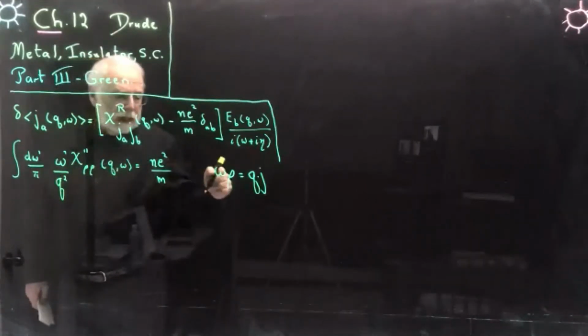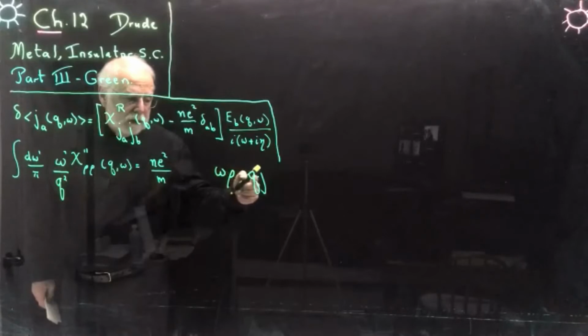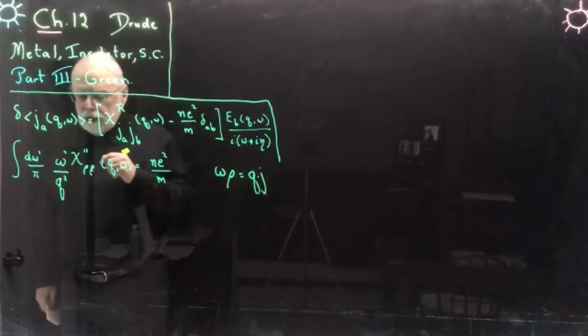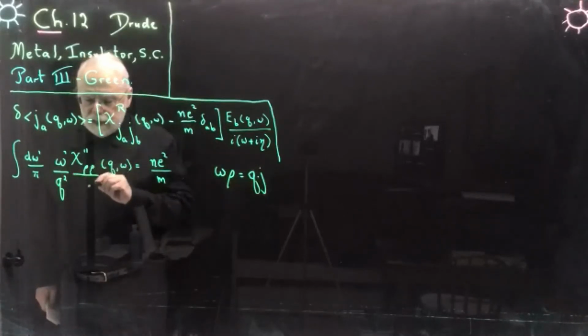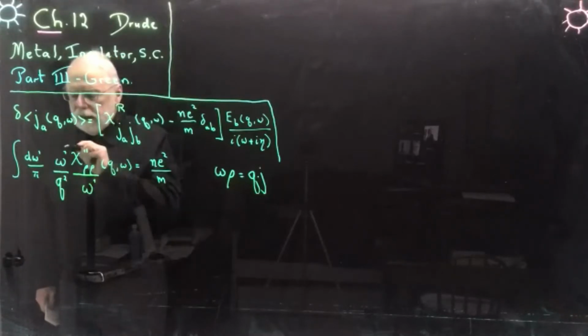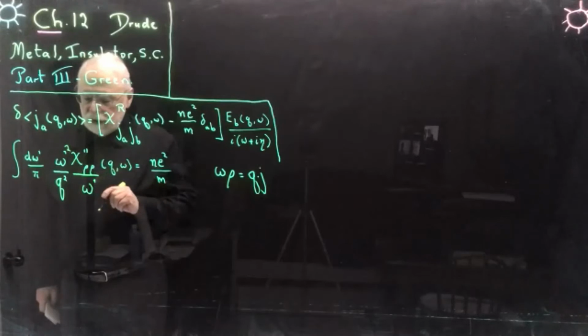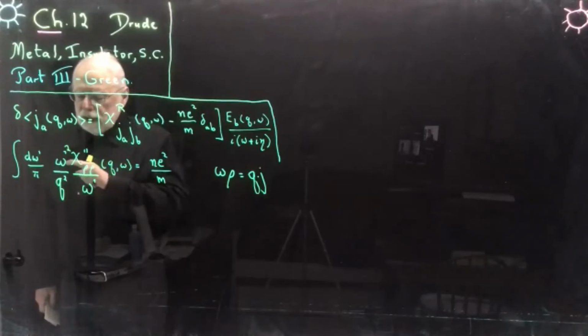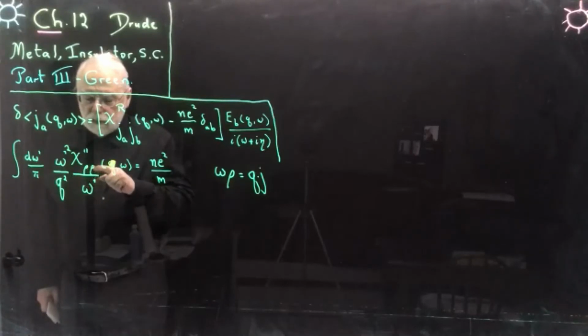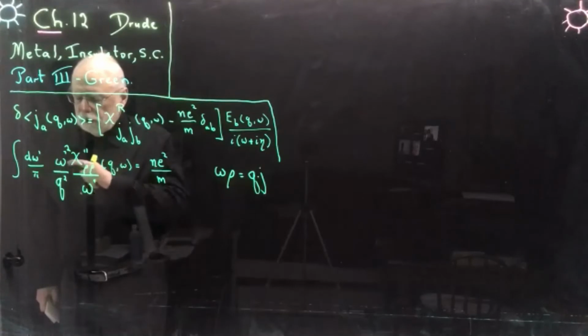And then you see that I can use omega rho is equal to q j. And so if I divide by omega prime here and square here, I have done nothing, except that now omega square rho, this is rho of omega, rho of minus omega, but we have rho of q, rho of minus q, so this works out.